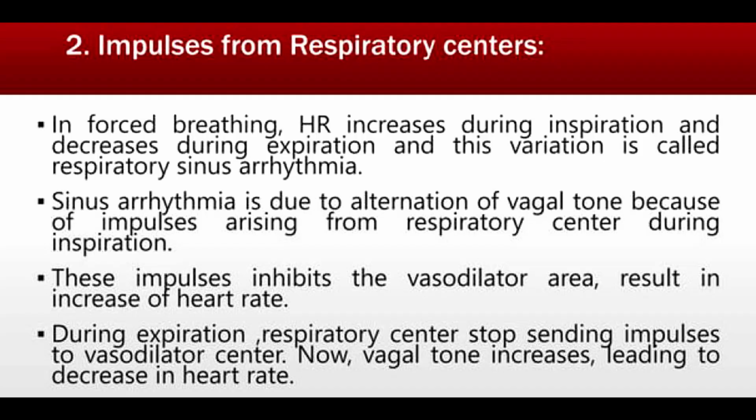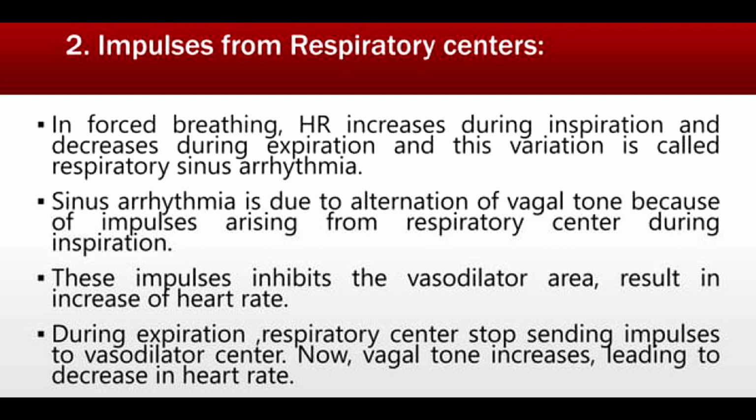Second, the impulses from the respiratory center. In forced breathing, the heart rate increases during inspiration and decreases during expiration. This variation is known as respiratory sinus arrhythmia. Sinus arrhythmia is due to the alteration of the vagal tone because of impulses arising from the respiratory center during inspiration.